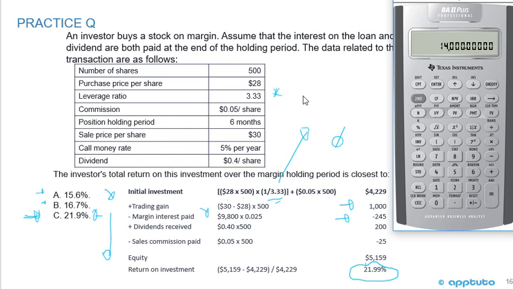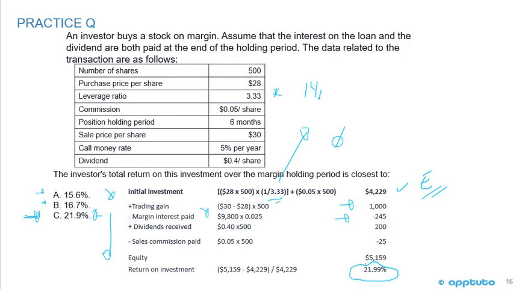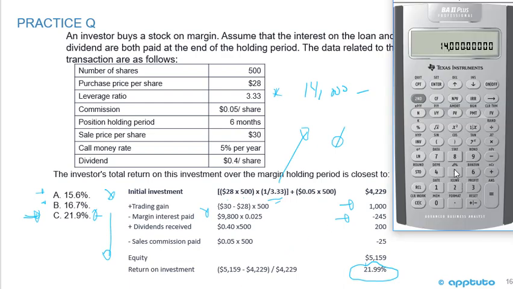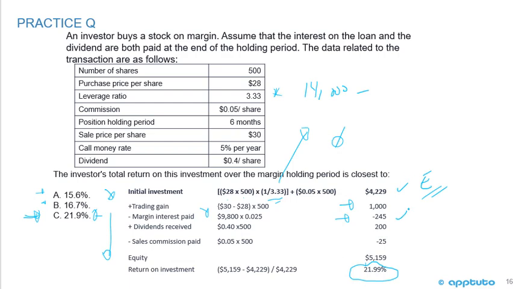So my initial asset was 14,000, okay, plus the commission, 14,000. And my initial margin was 4,200. So just getting a ballpark figure, minus 4,200. That means I borrowed $9,800, okay? I borrowed $9,800. And in this case, I can multiply by 5%, but it's only for half a year, so I need to divide by 2 or multiply by 2.5%, and I get 245, okay? So that's my interest that I had to pay.